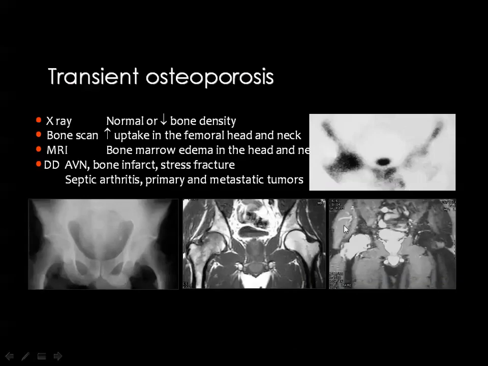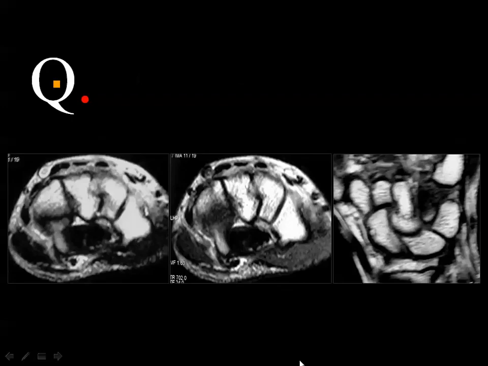Regional osteoporosis will show no abnormality in the plain X-ray, but it will show significant uptake on bone scan. And on MRI, it will display bone marrow edema in the form of low signal in the T1 and high signal in the STIR, affecting the femoral head and the neck, associated with joint effusion.